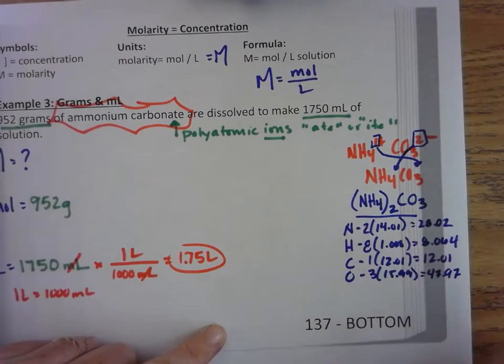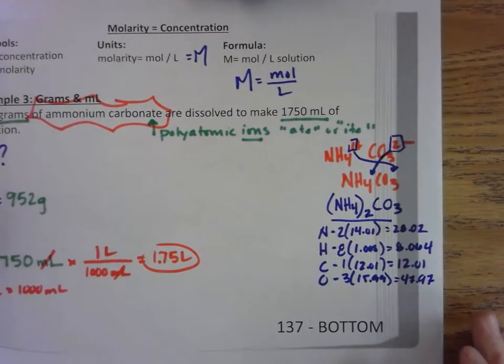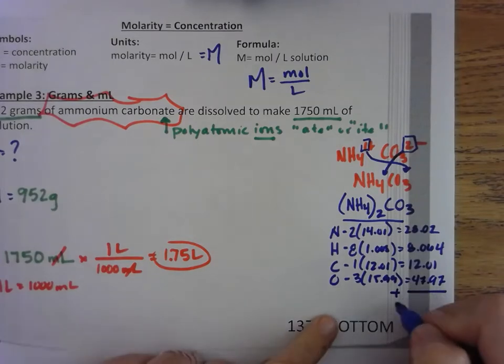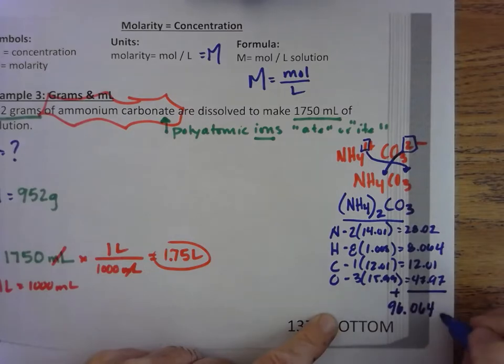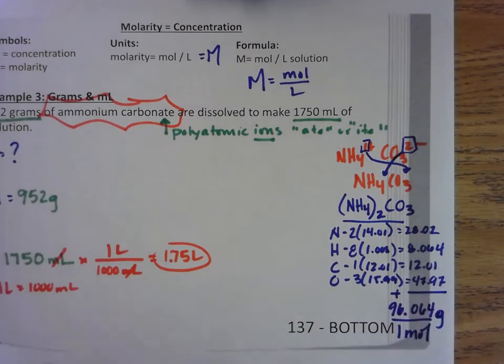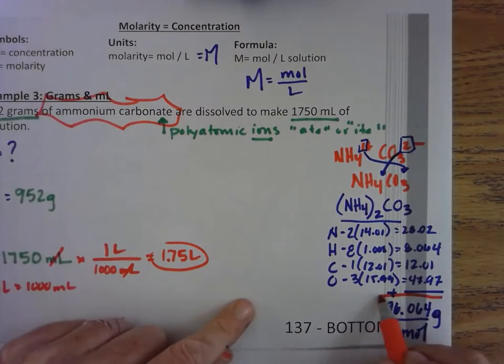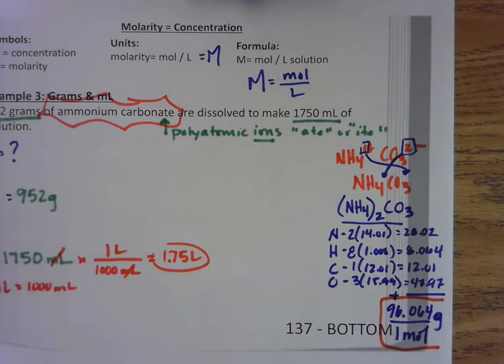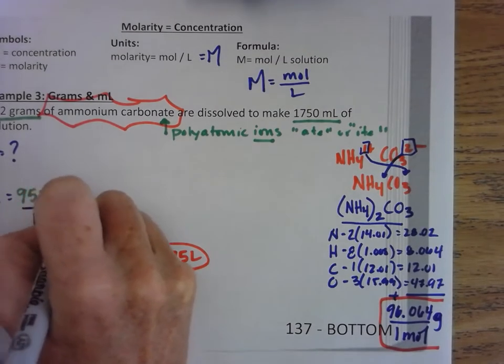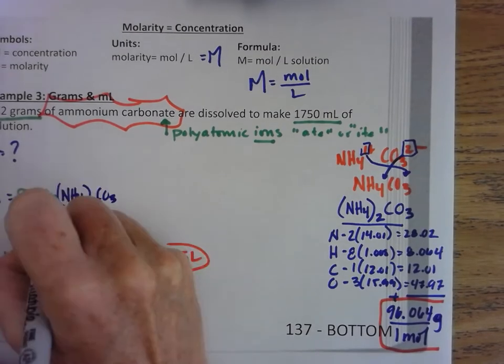Alright, I know I'm going through this pretty quickly, but this is old and I'm just calculating a molar mass. You should have done several of these by now. That's how many grams are in 1 mole. If you don't know how to do molar mass, if that looks new to you, you definitely want to get that taken care of. So this is grams of (NH4)2CO3.